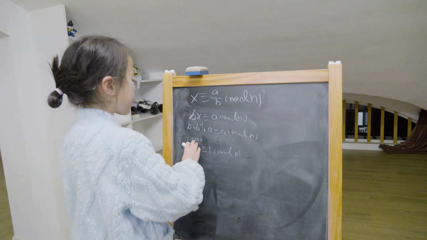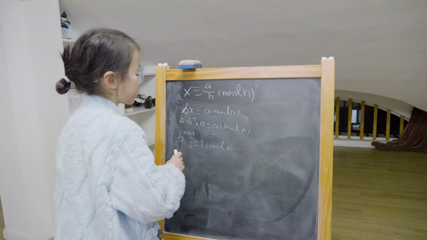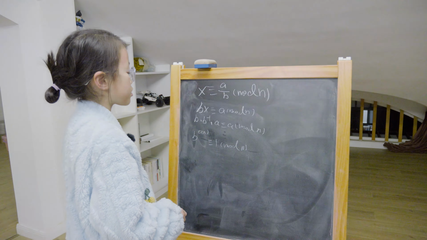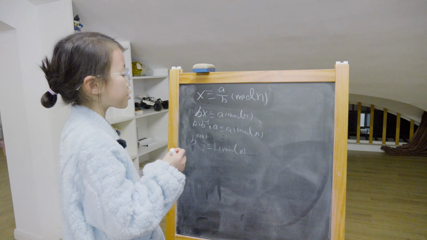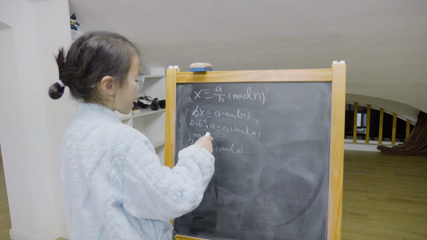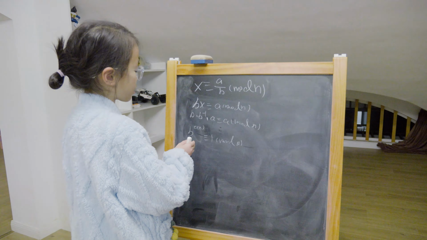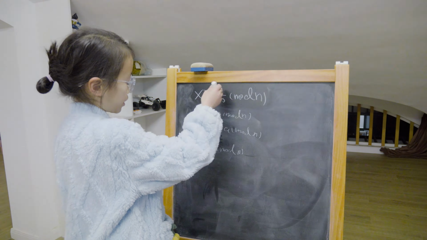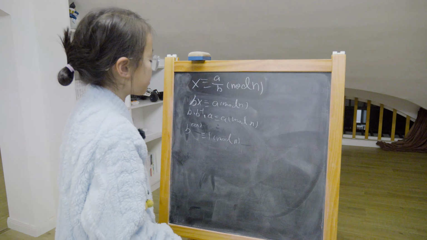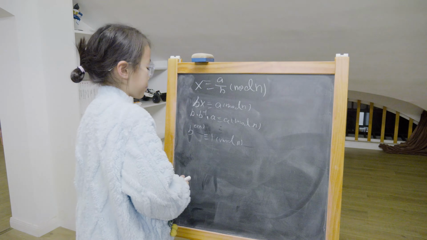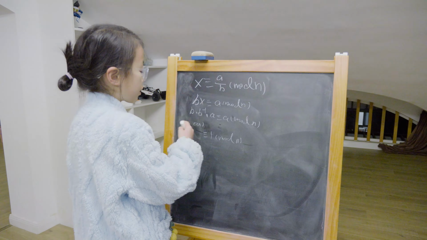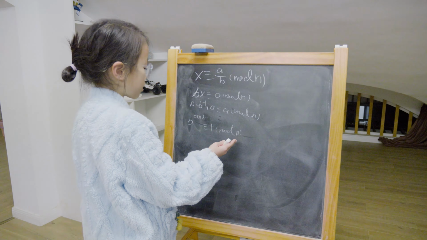The condition is that b and n need to be coprime. In the last video we talked about the condition in the fraction problem, that b and n must be coprime, so of course it is satisfied.